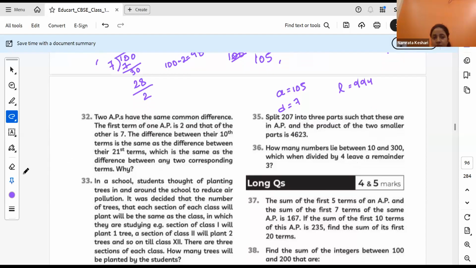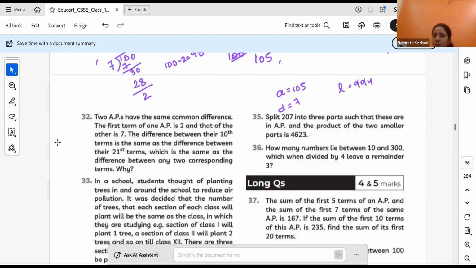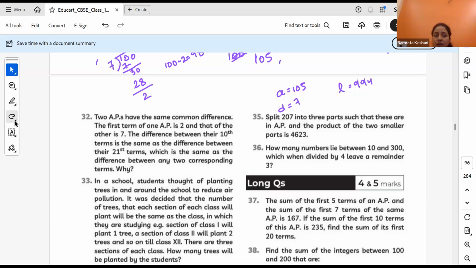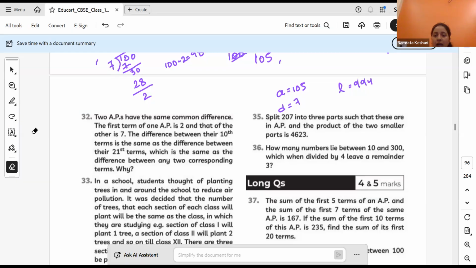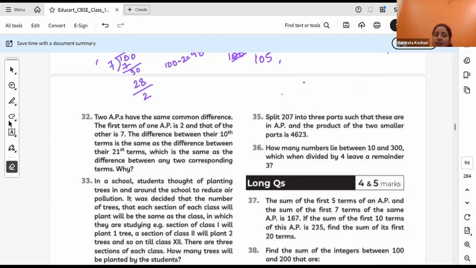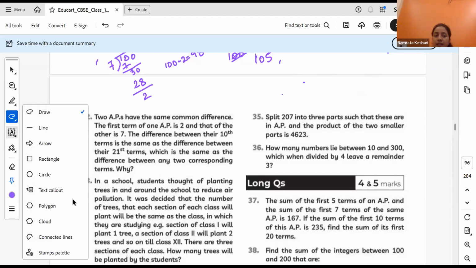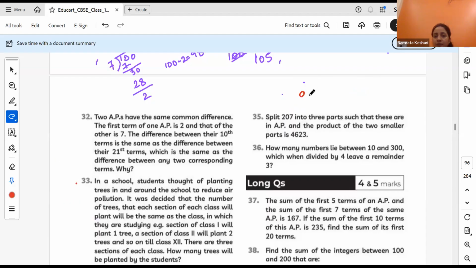Question number 35. What does it say? Okay, for the very first time we are seeing such a question. Split 207 into three parts such that they are in AP, and the product of the two smaller parts is this one, right? So the first thing which comes to our mind for splitting in AP: let's say the first number is A, next is A plus D, next is A plus 2D.